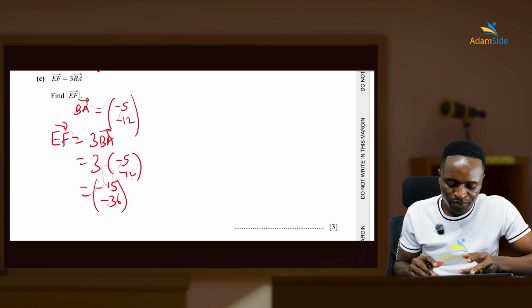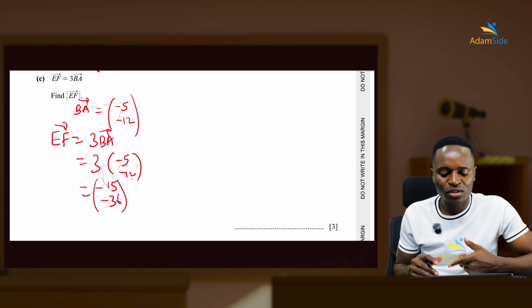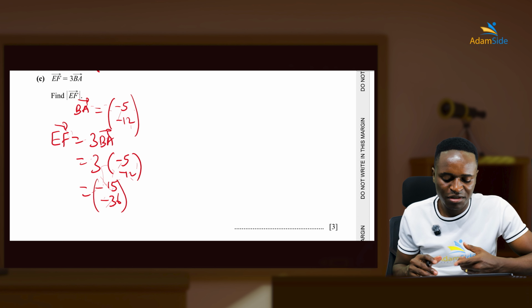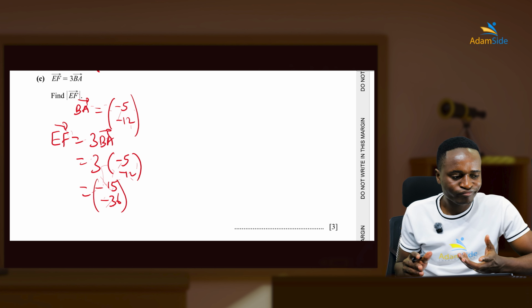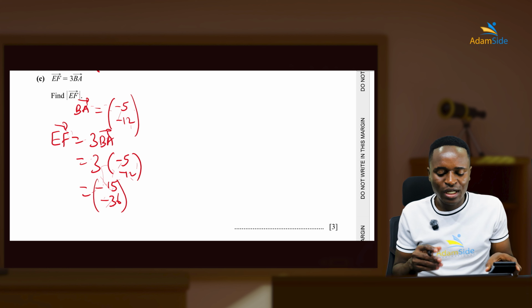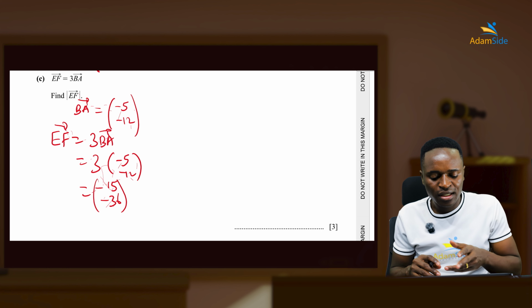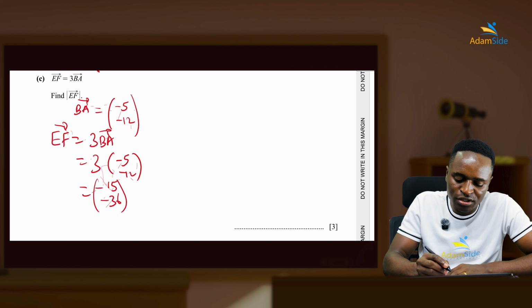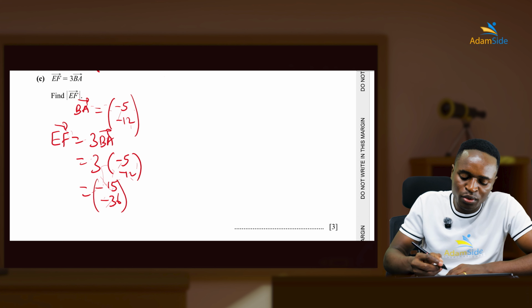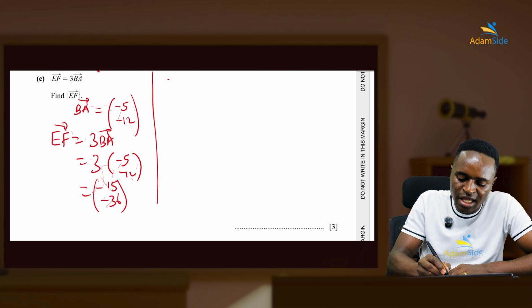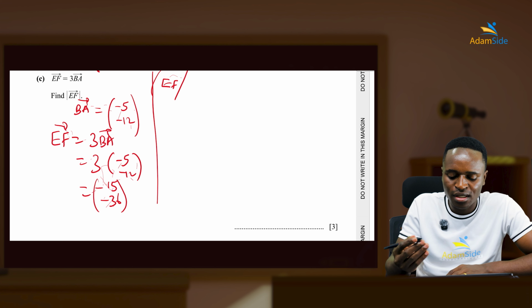You can do it this way, or you can expand, because EF is equal to 3BA. Then you say find EF, the magnitude. So the choice is yours. Whenever they put EF with slashes, this means the magnitude, or the length or the size of the vector.